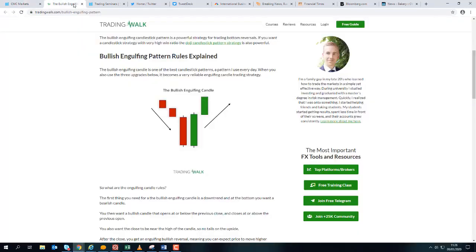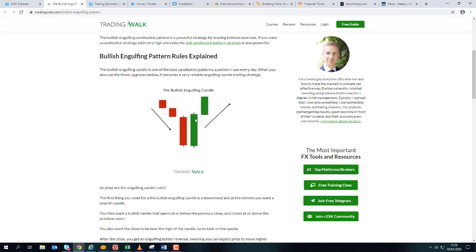Now, just for those of you who are unfamiliar with technical analysis or the term bullish engulfing, this is a textbook example of it here, whereby the market's in a downward trend. On this upward candle, a textbook example, though it doesn't always have to be an absolutely perfect example in reality, the market opens below the previous day's close, but then it manages to close above the previous day's open.